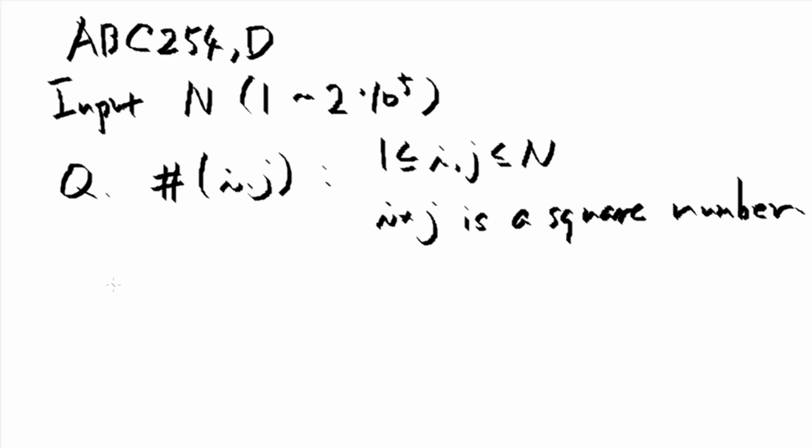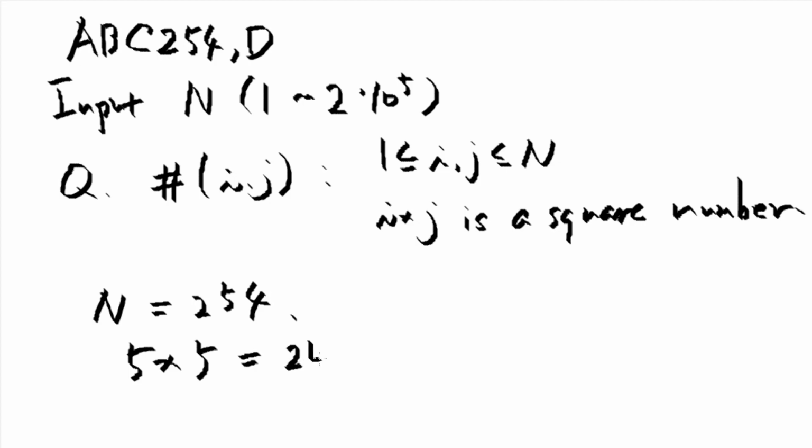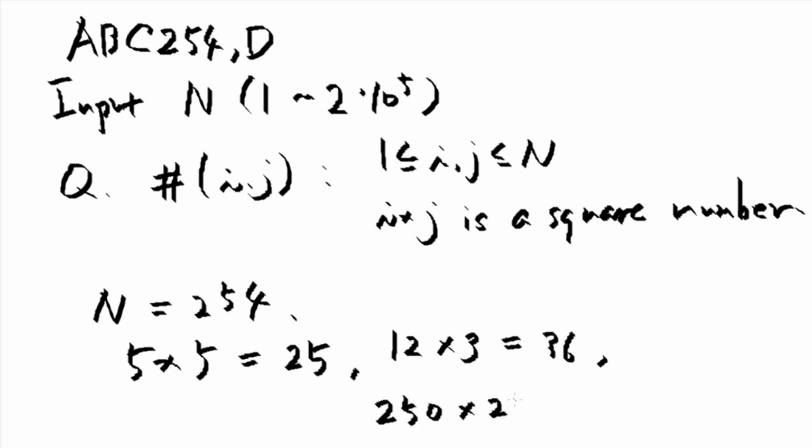So take an example of n equals 254. We have 5 times 5 which equals 25, and 12 times 3 equals 36, and we have a larger one, 250 times 250.